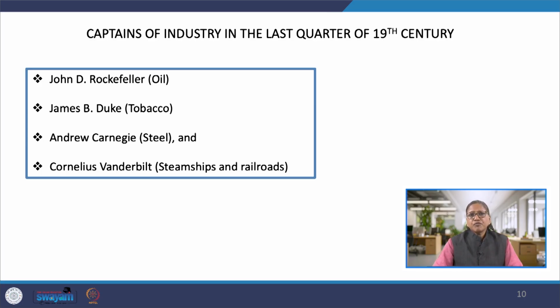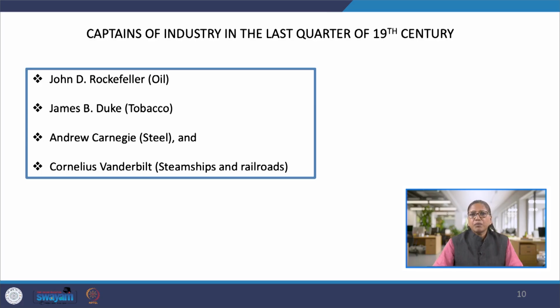The captains of industry like Rockefeller, Duke, Carnegie, Vanderbilt have collectively contributed to shape the industry and how we view business today. In contrast to the non-judgmental attitude of previous generations of industry leaders, they pursued profit and self-interest above all.